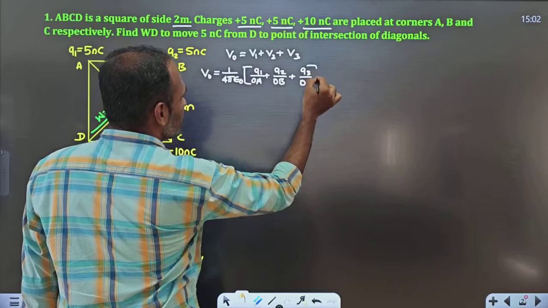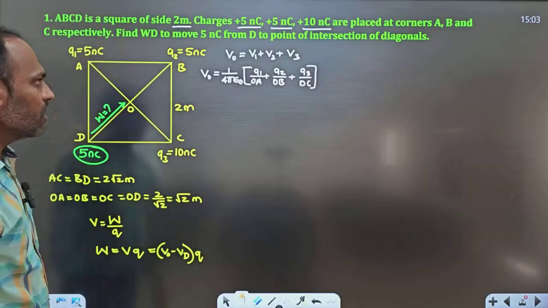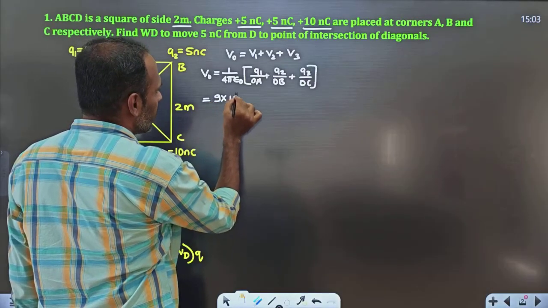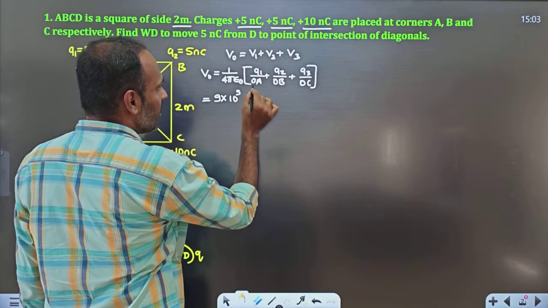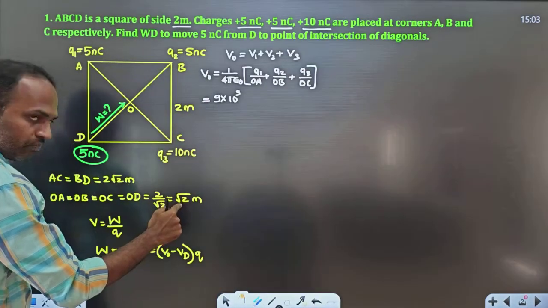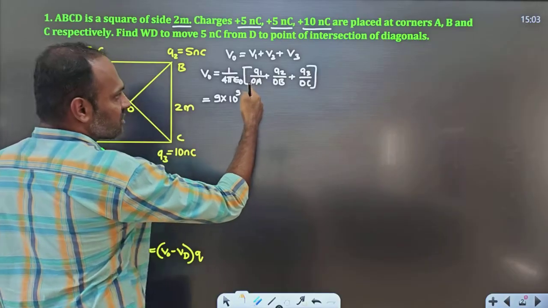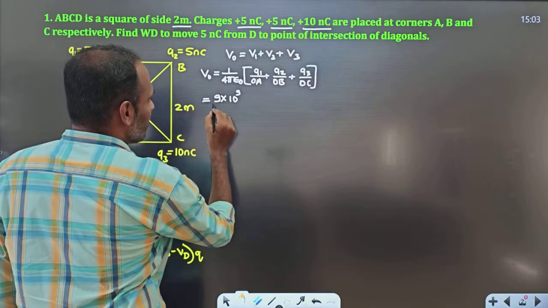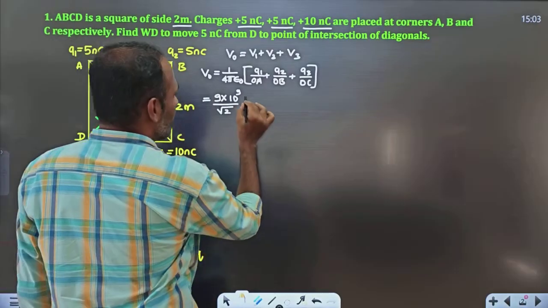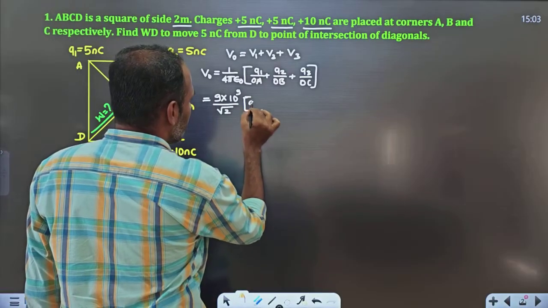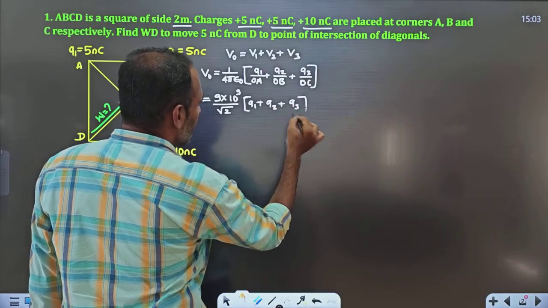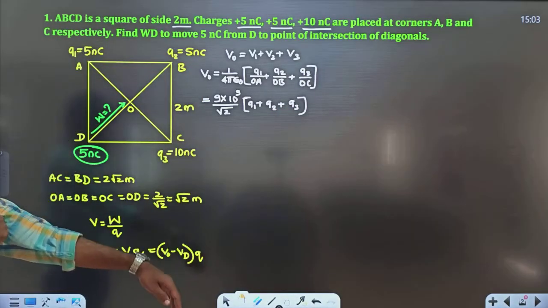What is 1/4 pi epsilon naught? It is 9 into 10 raised to 9. OA, OB, OC are all equal to root 2. So I will take root 2 common, divided by root 2. In the bracket, you will get Q1 plus Q2 plus Q3. 3 charges we will get.